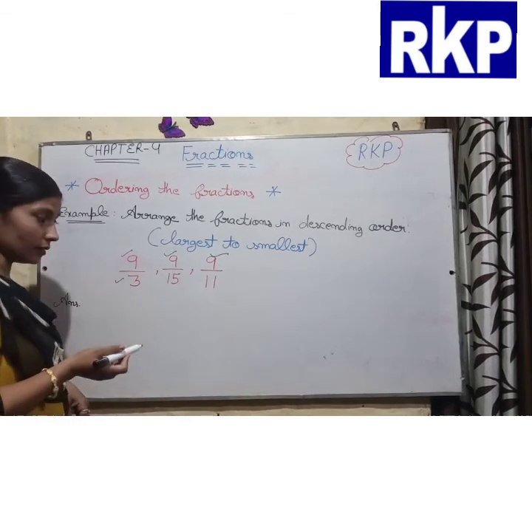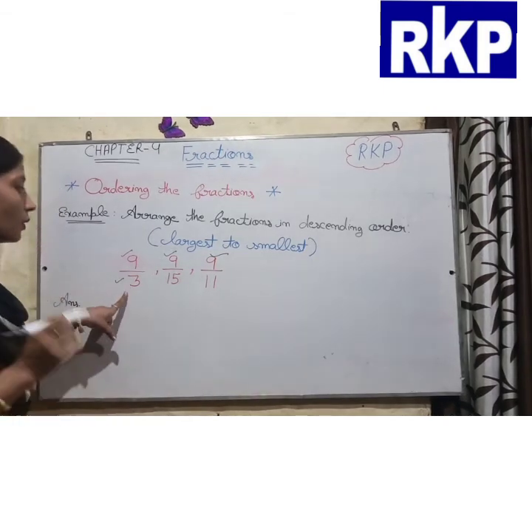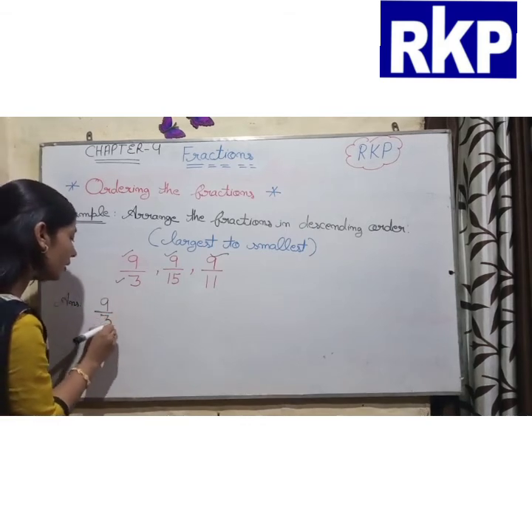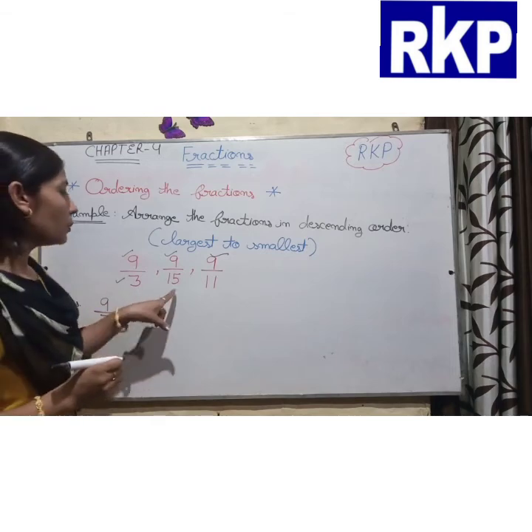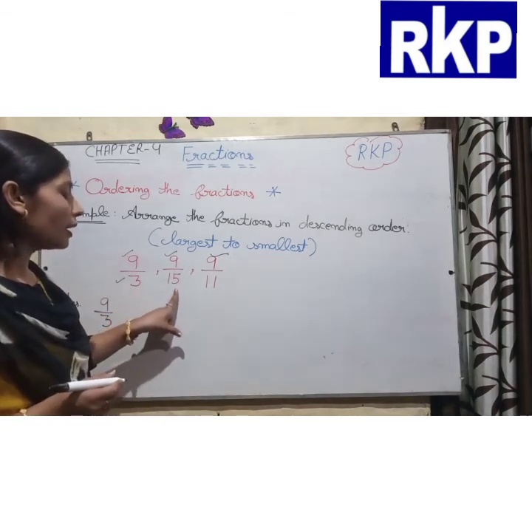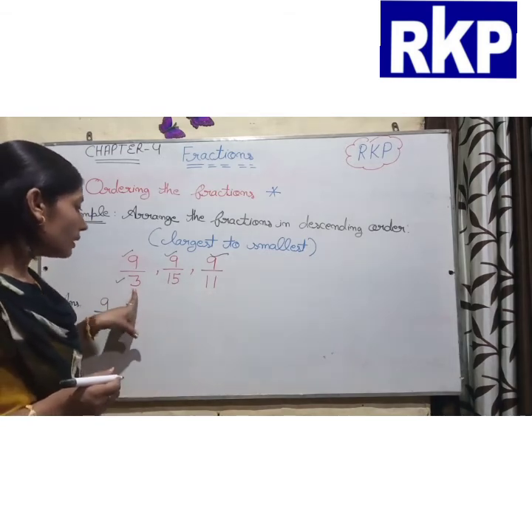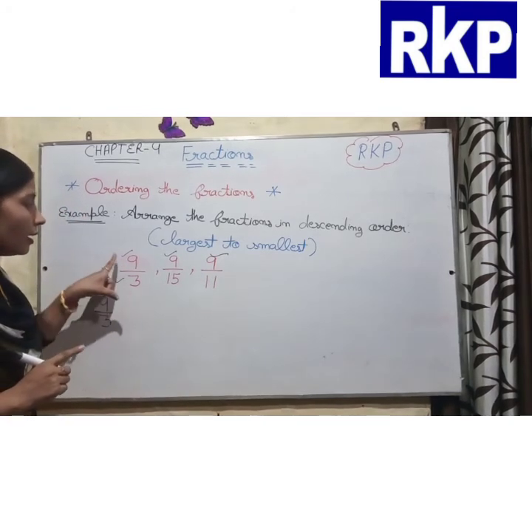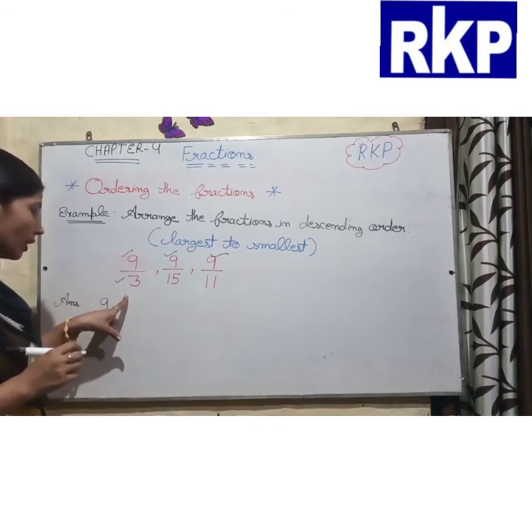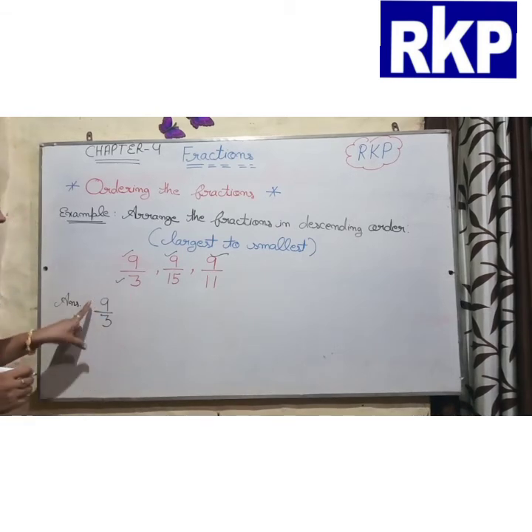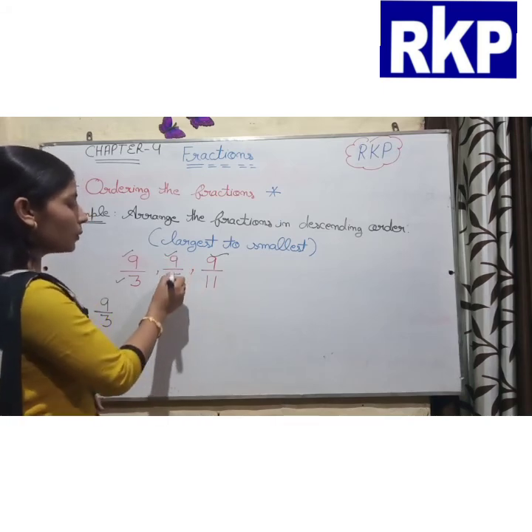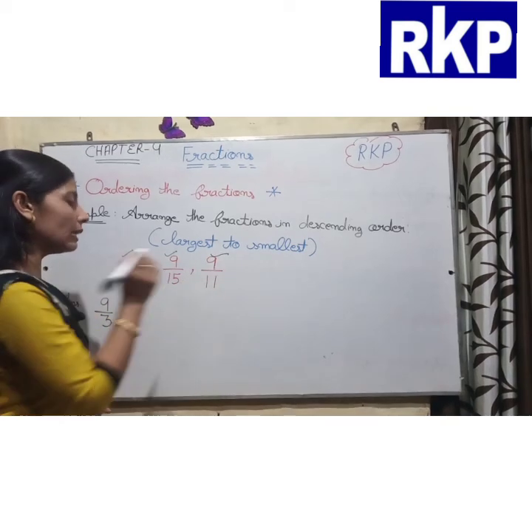We know that if in two or more fractions the numerators are same, then the fraction with smaller denominator will be greater. So first of all we have to write 9 by 3, because among 3, 15 and 11, 3 is the smallest. So 9 by 3 will be the largest fraction. After this we have two fractions, 9 by 15 and 9 by 11.